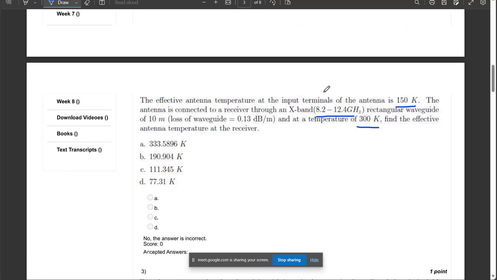So the waveguide, which is 10 meters long, has a temperature of 300 kelvins, and you have to find out the effective antenna temperature at the receiver. Got it?